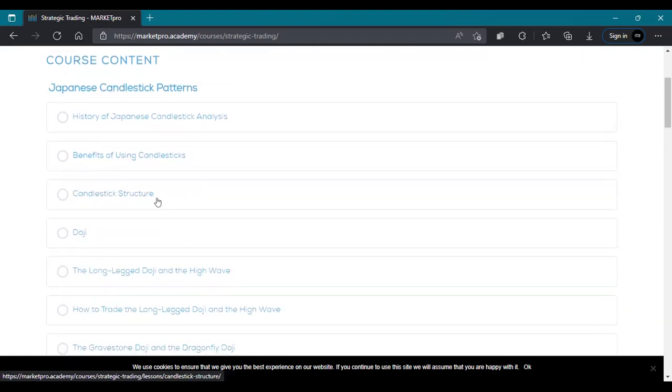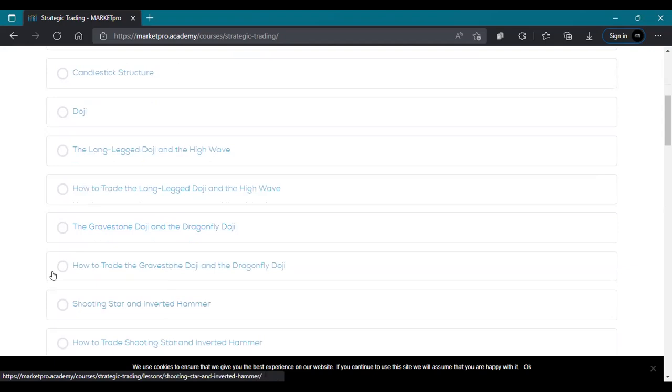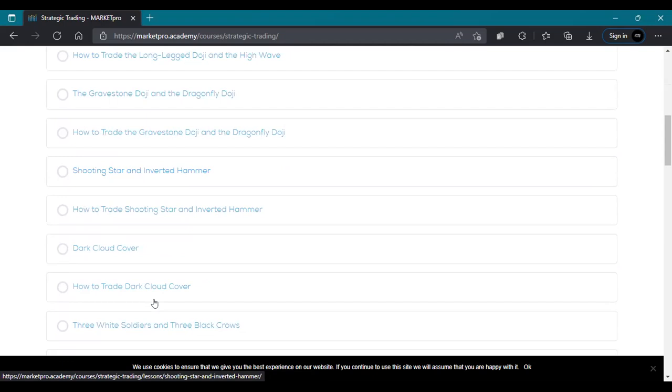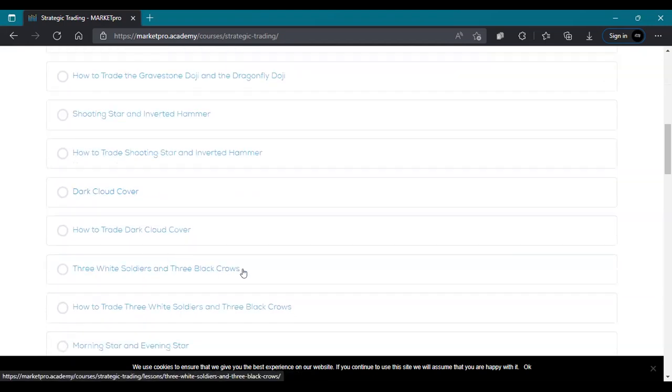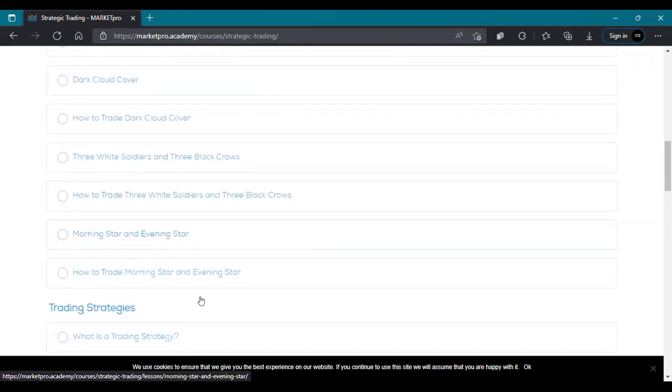Candlestick structure, you're going to understand all that. Doji, gravestone doji, dragonfly doji pattern, right? Candlestick patterns, how to trade them, shooting star, inverted hammer, how to actually trade them. Three white soldiers, three black crows, how to actually trade them, morning star, evening star, how to equally trade all these candlestick patterns, right?